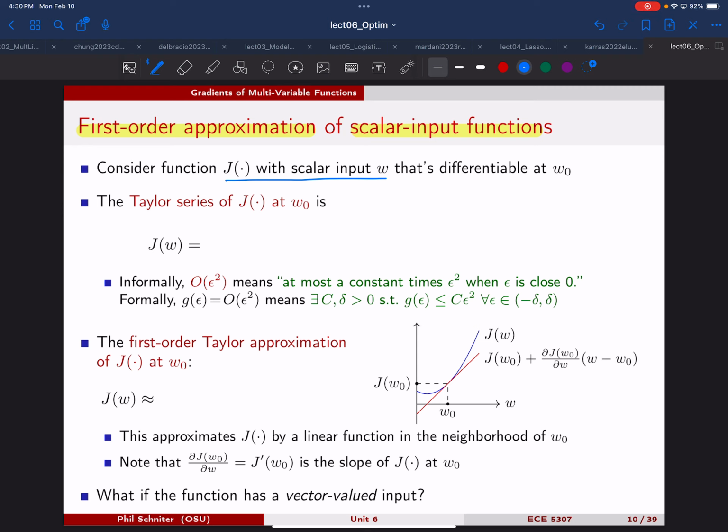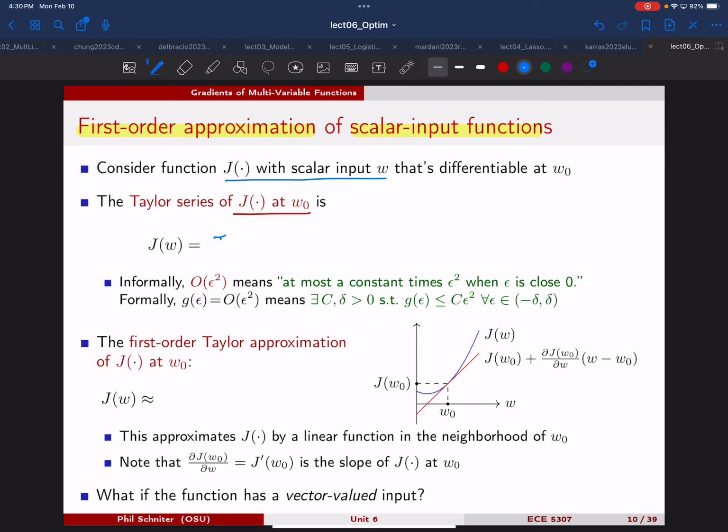As we know from previous calculus classes, we can do a Taylor series as a way of describing any function. And this is the Taylor series of this function at the point W naught. It looks like this.